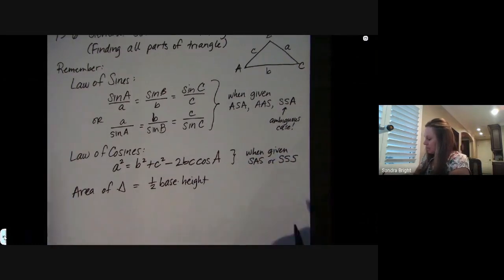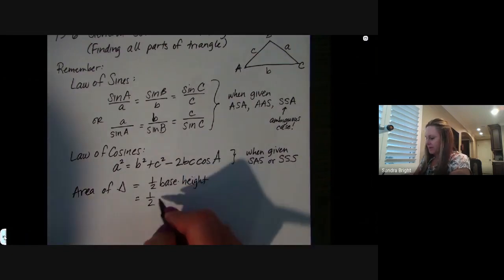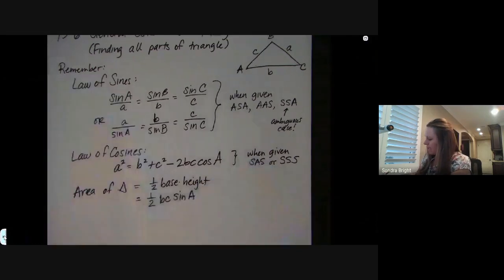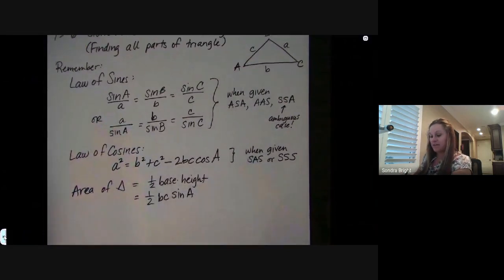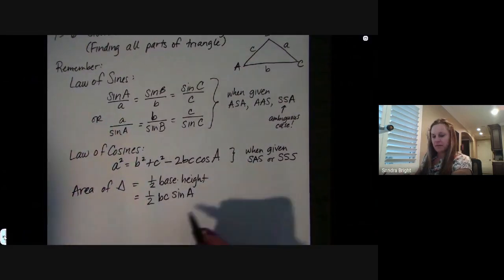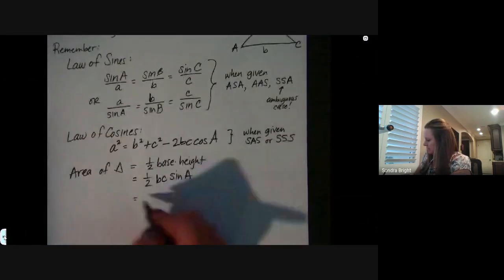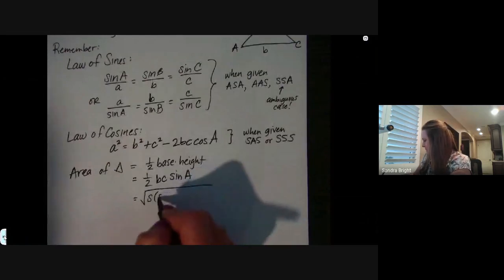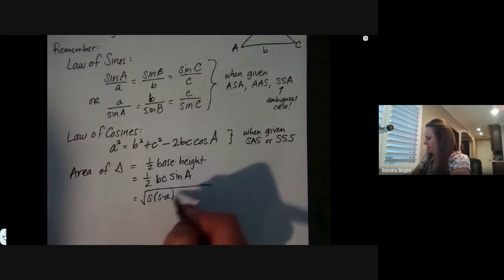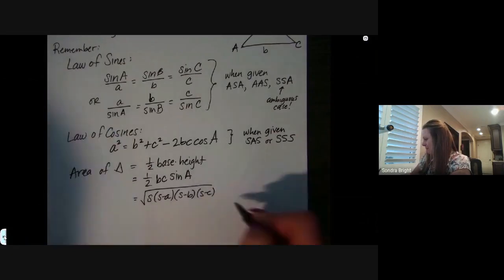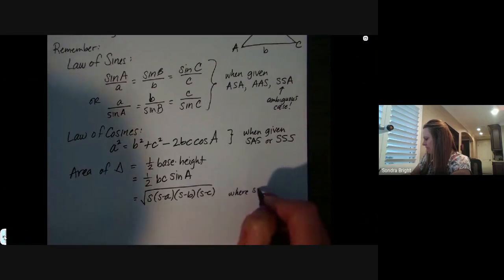But if it's not a right triangle, another formula was 1/2 b times c times sine of angle A. Or if you're given the 3 sides, the other formula is Heron's formula, which is the square root of s times s minus a times s minus b times s minus c, where s is the semi-perimeter, 1/2 of a plus b plus c.